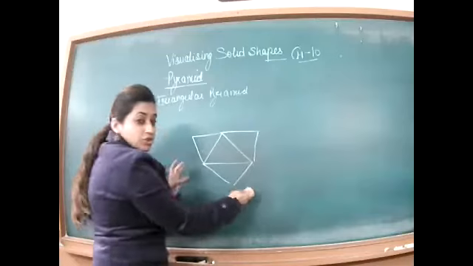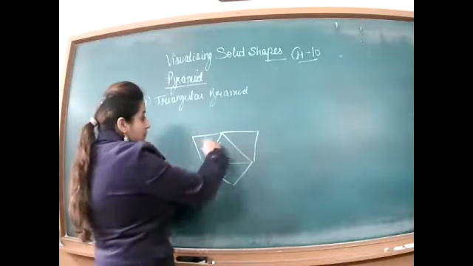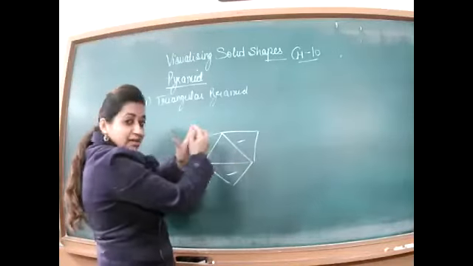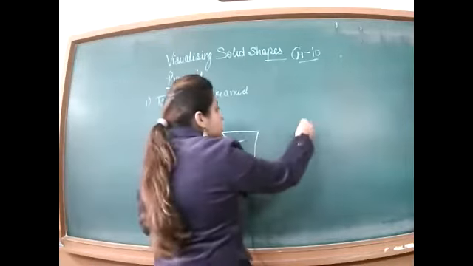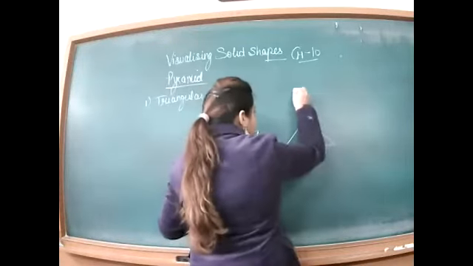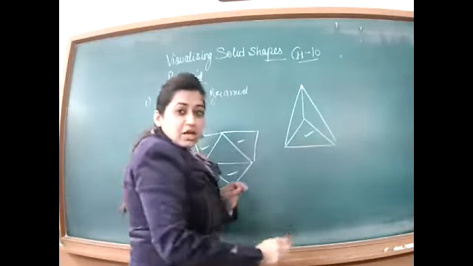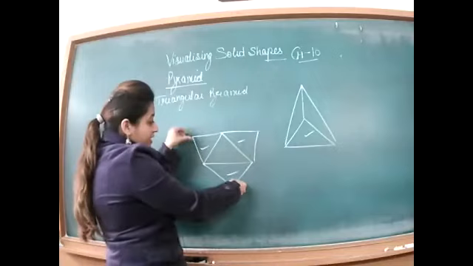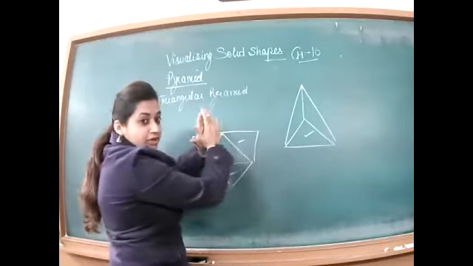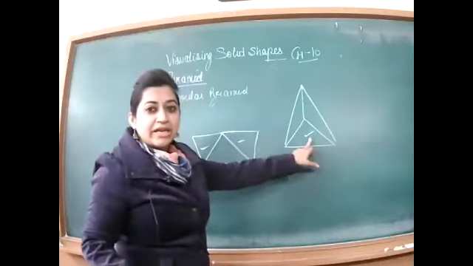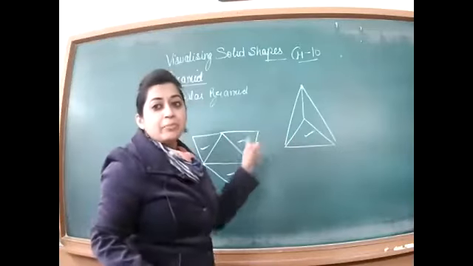And when you join these 3 triangles, first, second, and third, at the upper surface, these 3 triangles will meet like this. This is the base. So the triangles you fold upwards, and this type of figure you will be getting. So this is a triangular pyramid.